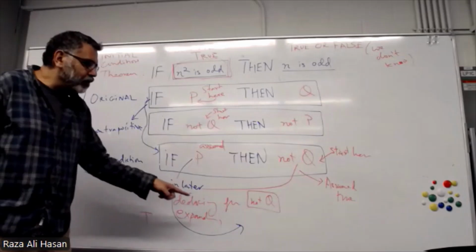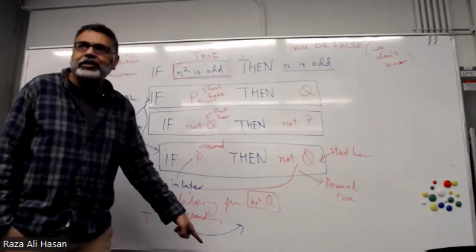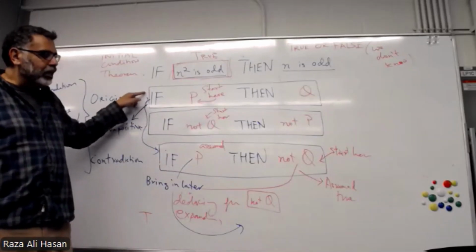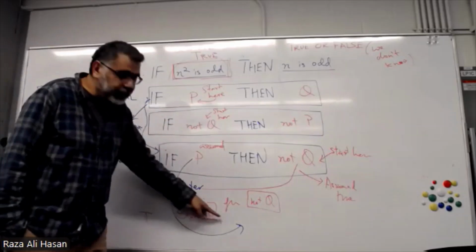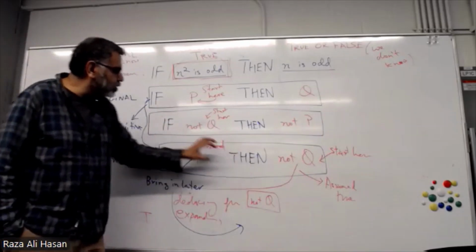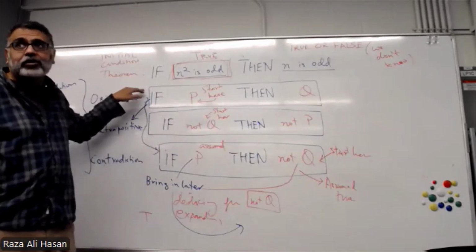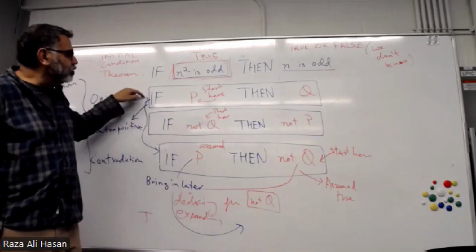When we bring P in and no contradiction happens, then this reformulation of the original theorem is the correct theorem. When we bring the P in and we run into a contradiction, that means this reformulation of the original theorem was incorrect, and this is the way to go. And because the contradiction happens, therefore we have shown this is true.